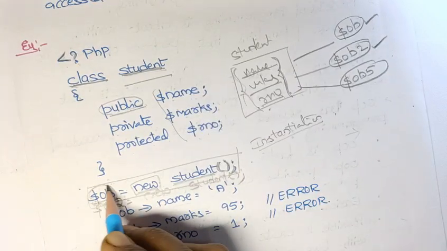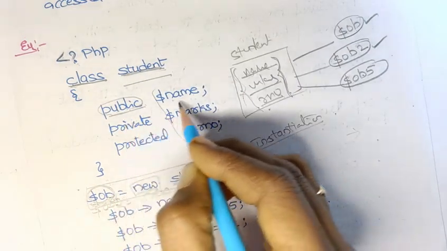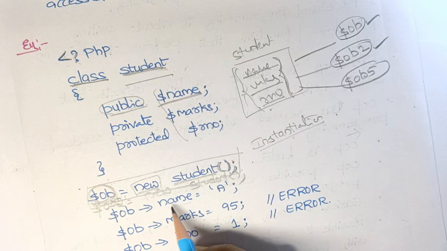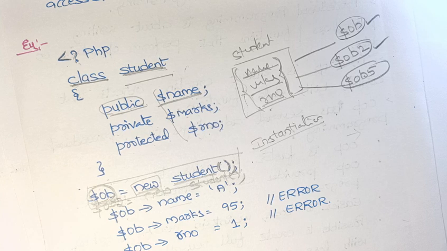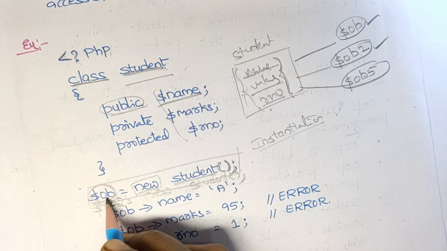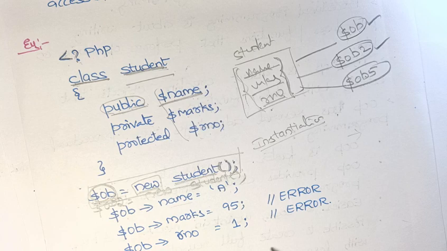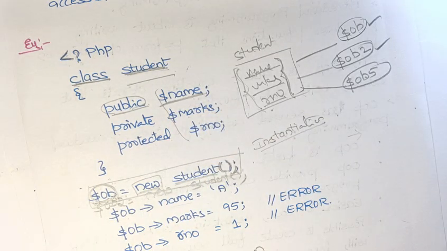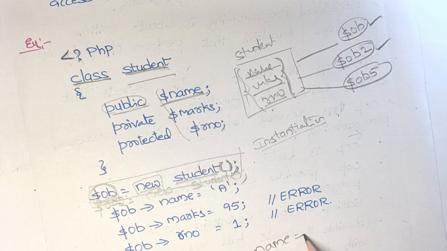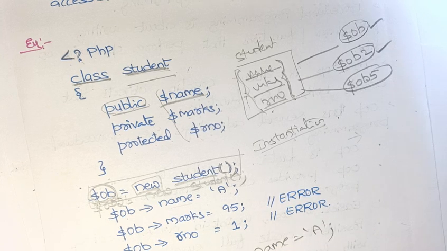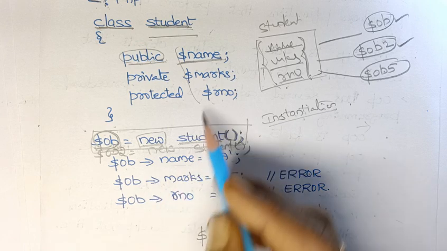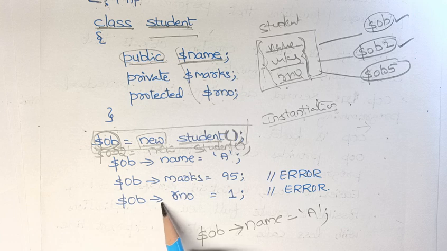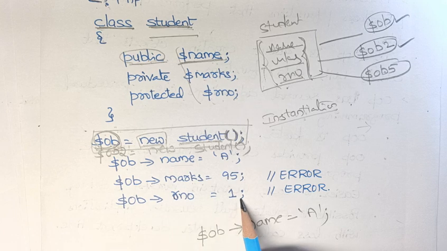Now by using this object name, you can access these class variables. How do you access the class variables by using an object? Using the object name, $ob, the arrow operator, and the class variable name, which is name, is equal to A. $ob arrow operator marks is equal to 95, $ob arrow operator roll number is equal to 1.